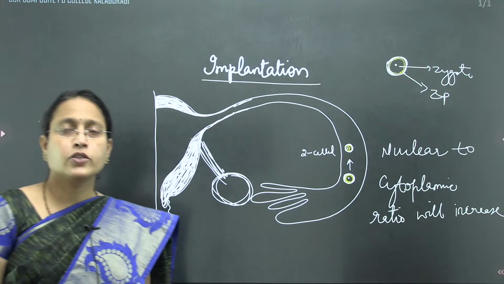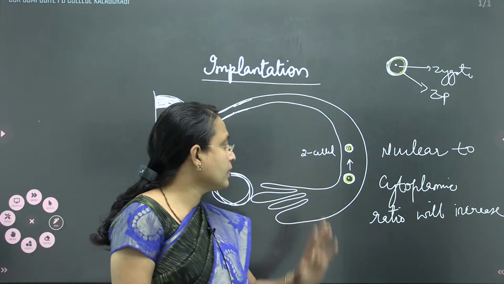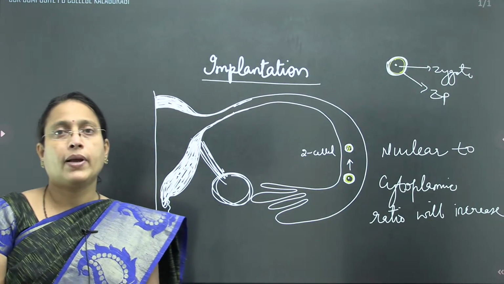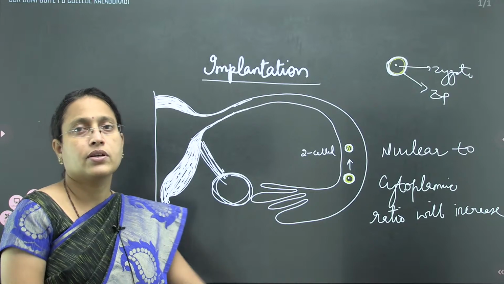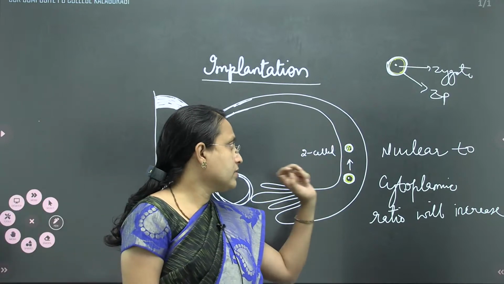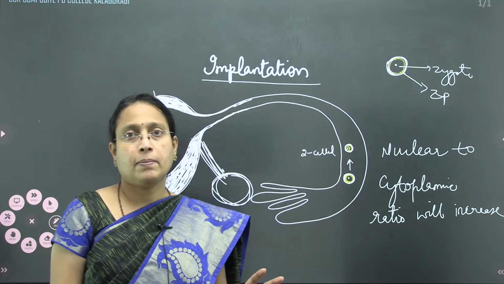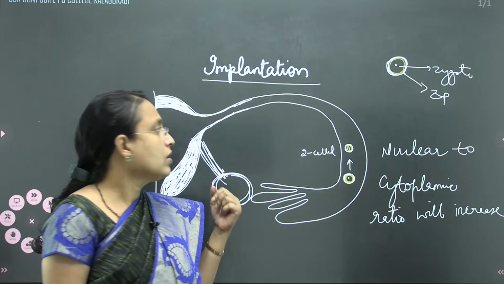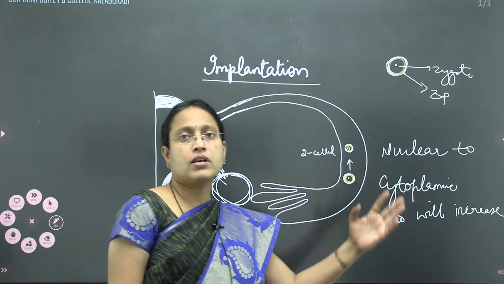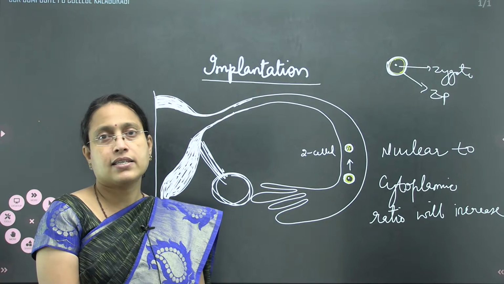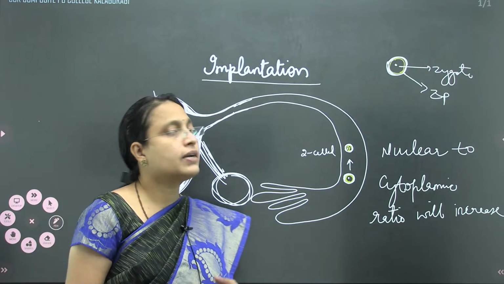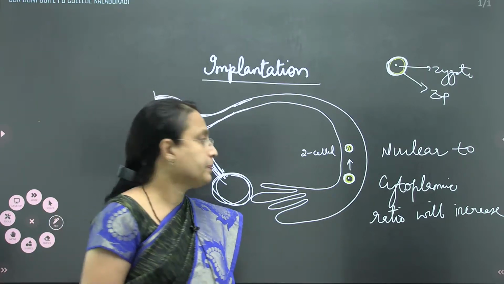The zona pellucida still remains surrounding the zygote. Next, what happens is the two-cell stage becomes the four-cell stage, but it will happen step by step.